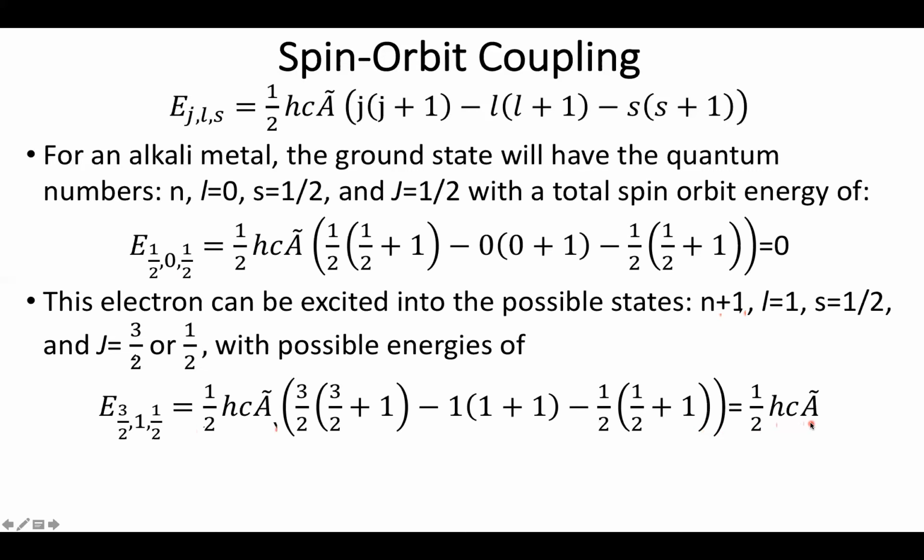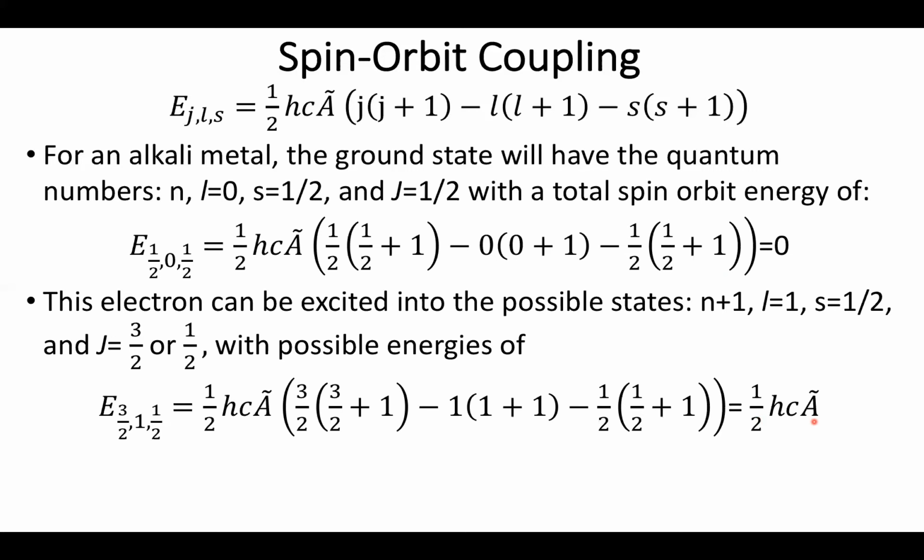So a good take-home message of this is going to be to focus on the sign. It's positive. That means that I destabilized my electron, as the energy is going to be slightly higher than it would be if I had no spin orbit coupling at all, by again about 1/2 hc times the coupling constant.